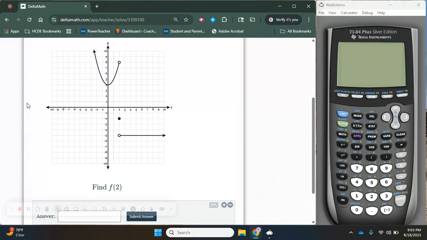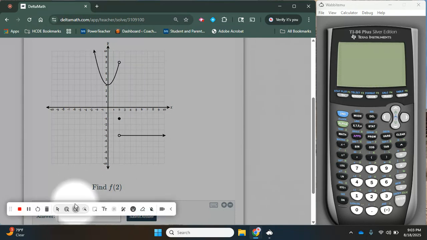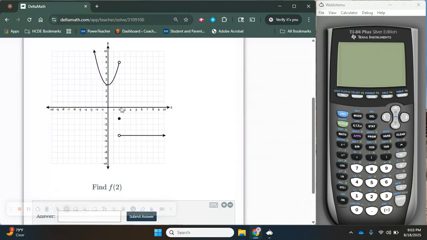So what we do is we look across our x-axis, excuse me, and we are going to see that that's where it is right there, the x value of 2. And from there, we just see the value that goes from there. The open circle indicates, just like we talked about with the parentheses, not included with the data set.